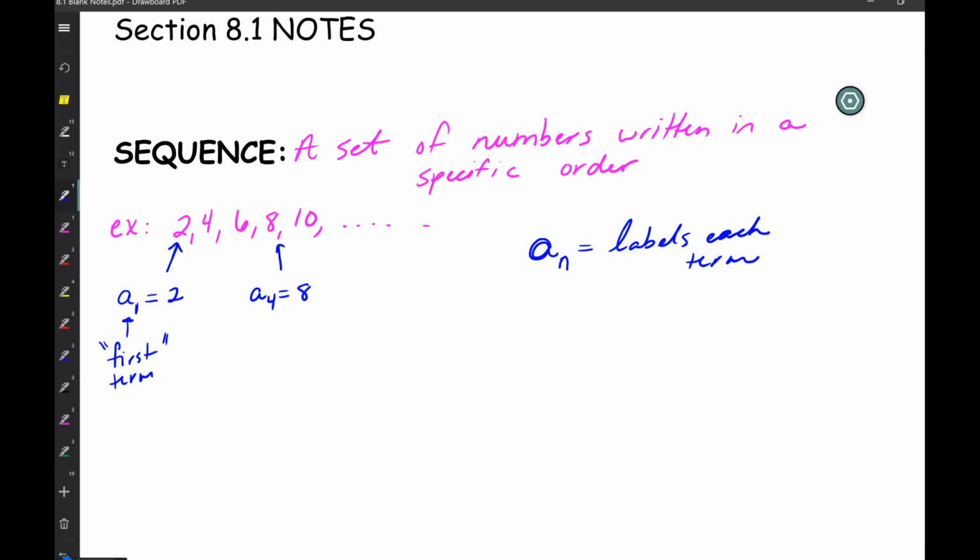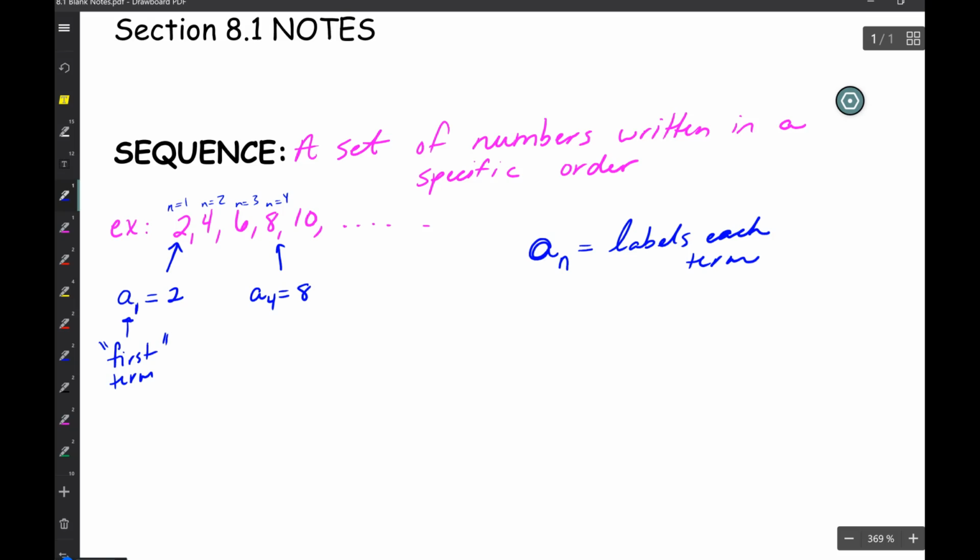The formula for this particular pattern, you might already be able to figure out. If I look at this as the number 1 term, this as the number 2 term, this as the number 3 term, this as the number 4 term, what's happening to the term number to get the element in the pattern? Times it by 2, exactly right.